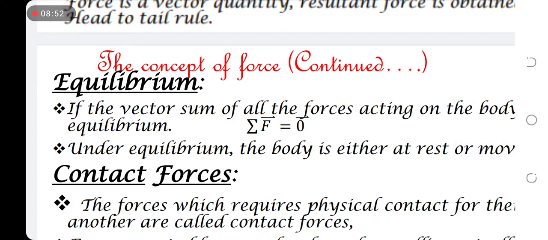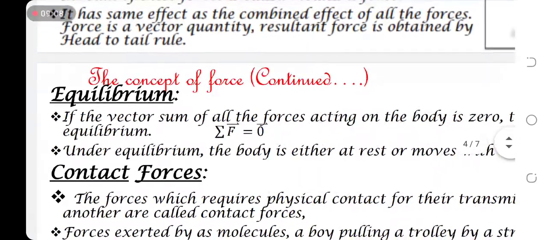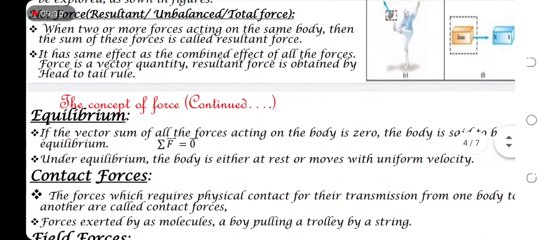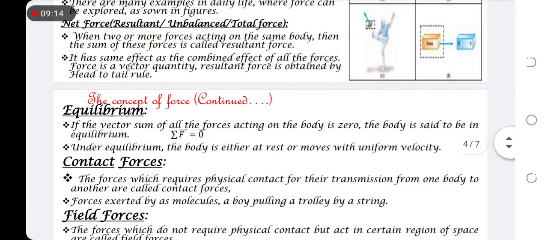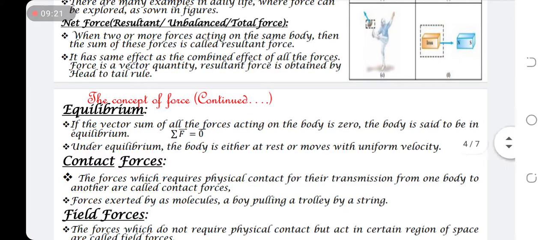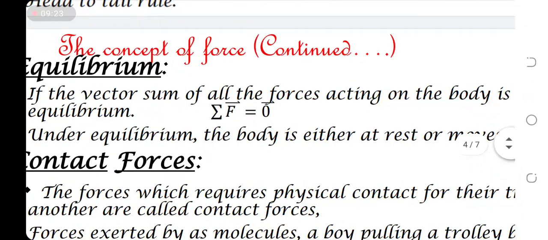In the case of more forces acting on the body, we can obtain the equilibrium position situation. What is equilibrium? One of the statements of equilibrium is that if the sum of all the forces acting on the body is zero, then the body is said to be in equilibrium.